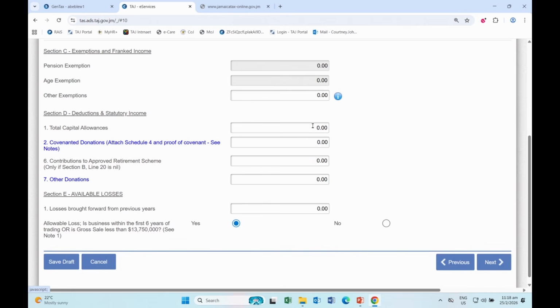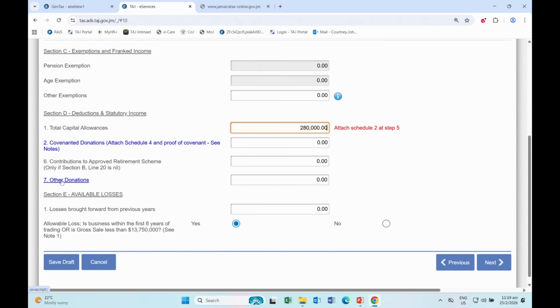You can find the Schedule 2 on our website under Forms, Income Tax Forms. You would have had to complete the schedule first and foremost to arrive at the amount that we're about to put on the form. So his capital allowance in the year was $280,000. And there it highlights that you need to attach the Schedule 2.